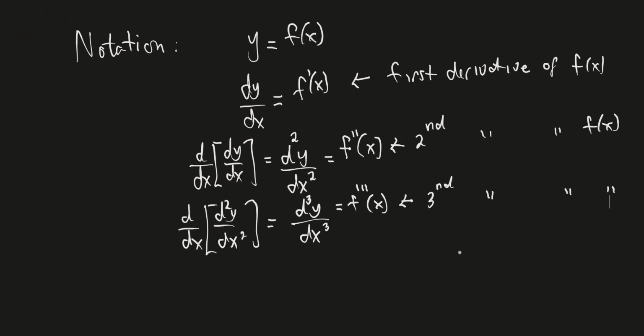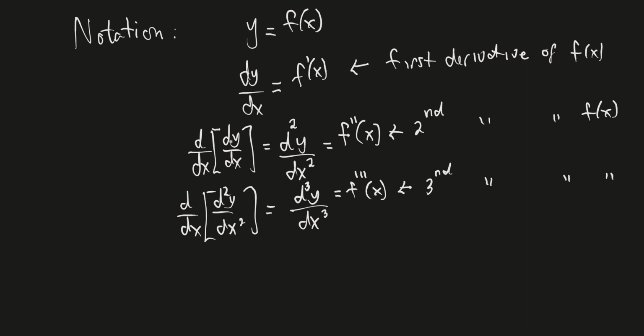Now, I think you can see the pattern, and you can see how this notation just evolves after each successive derivative. With the primes, if I keep adding a lot of primes, after a while it's not even going to fit on the page. So after about the third or fourth derivative, you'll see this.